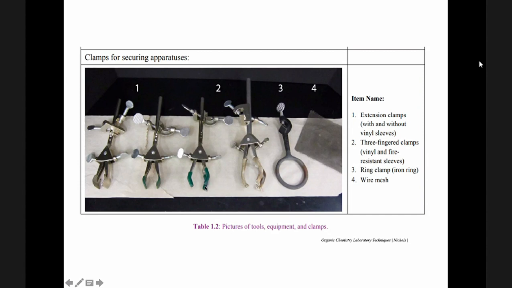So this is a 3-fingered clamp, no, with vinyl and fire-resistant sleeves. Next, number 3 is an iron ring, and 4, wire gauze.